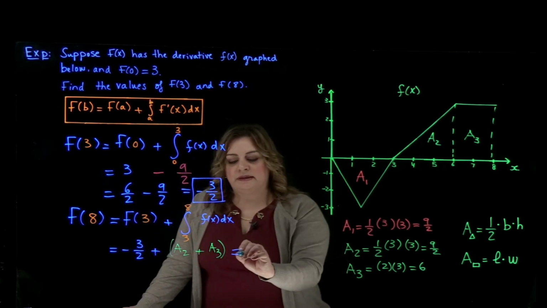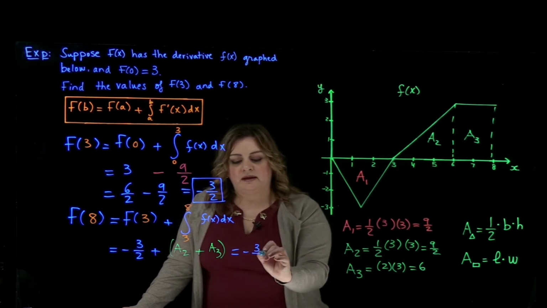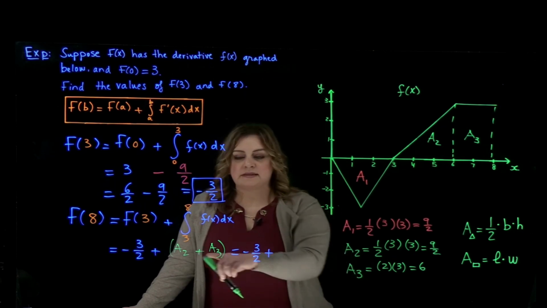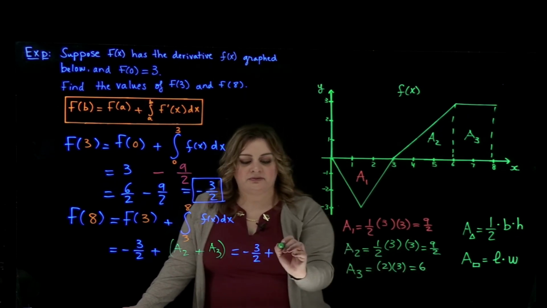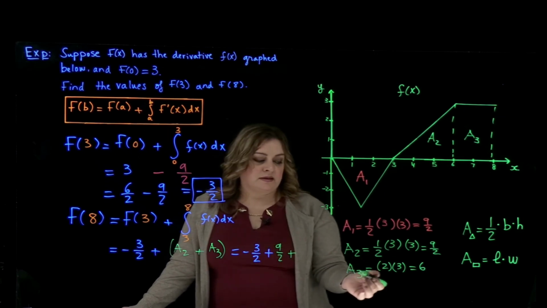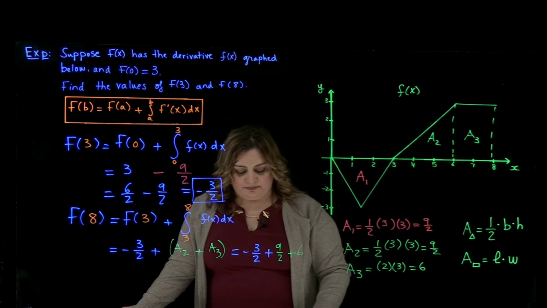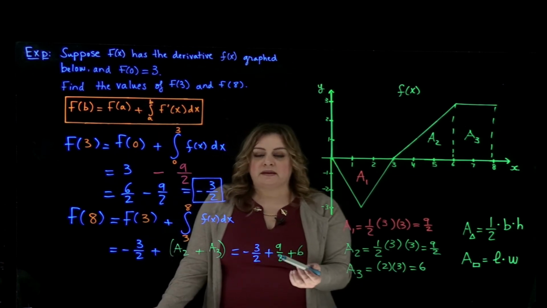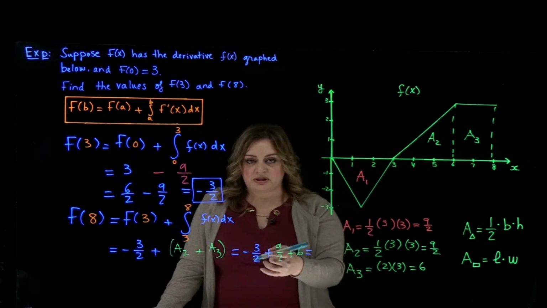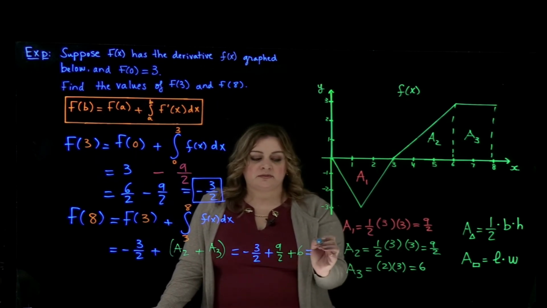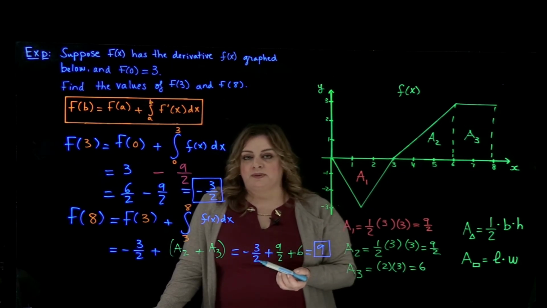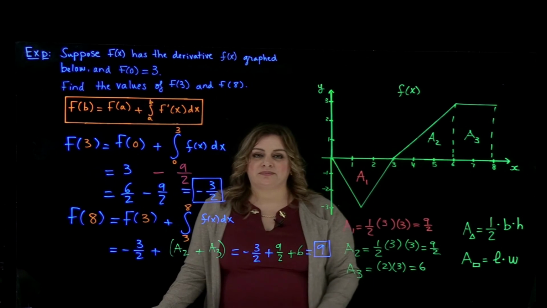This is going to be equal to negative 3/2 plus the value of A sub 2, which is 9/2, plus the value of A sub 3, which is 6. Combining the fractions, I will have 6/2, which is 3, plus 6, which is 9. So the value of big F of 8 is 9. And we are done.